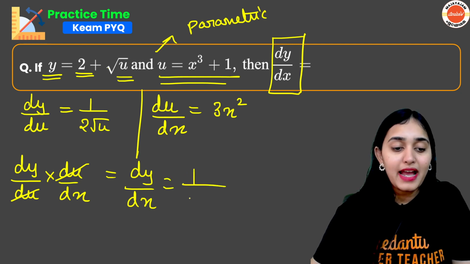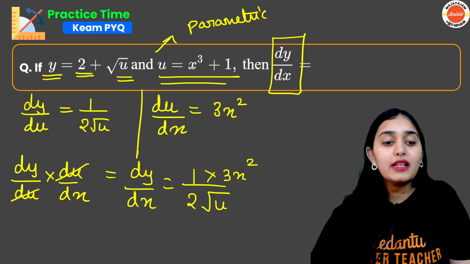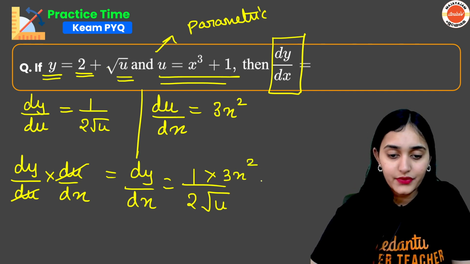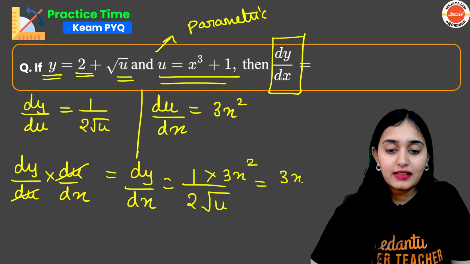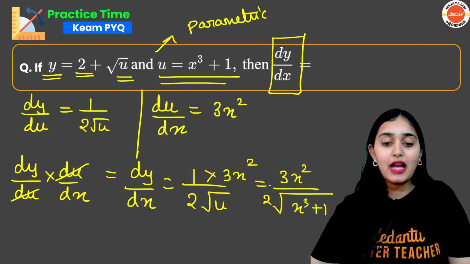So multiply 1 upon 2 root u with 3x square. Now u is given as x cube plus 1, so you will get 3x square upon 2 times root over x cube plus 1. This should be your answer.